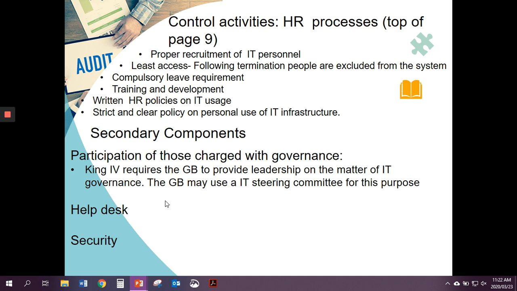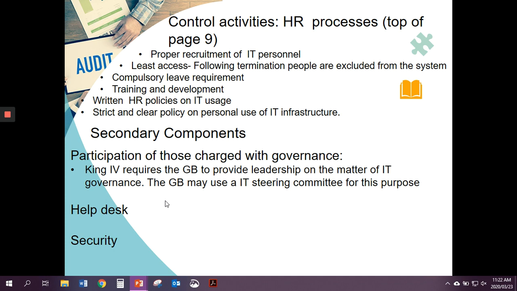And so when we talk about hiring people in the IT department, we need to ask ourselves, do they have the requisite skills? Have they gone through the required training as well as the required vetting? When I talk about vetting, I'm talking about background checks. Have they done the correct background checks on these types of people? It's very important that we look into the HR processes of the IT department.